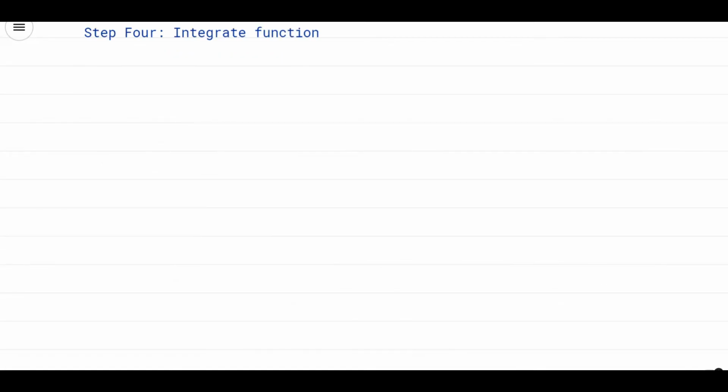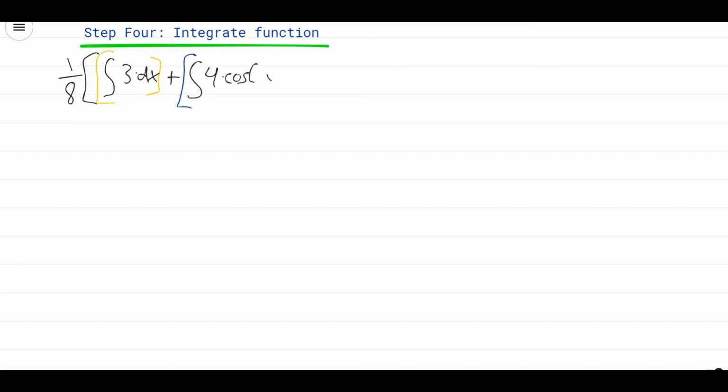So now I'm going to integrate the function. So this is our function, and I'm going to break it into separate integrals to make it easier for myself. So I have 1 over 8 on the outside, and I have 3 dx plus 4 cosine of 2x dx plus cosine of 4x times dx. So all I do is just break up the integral into 3 separate integrals, and it makes it easier and less error prone whenever you do it this way.